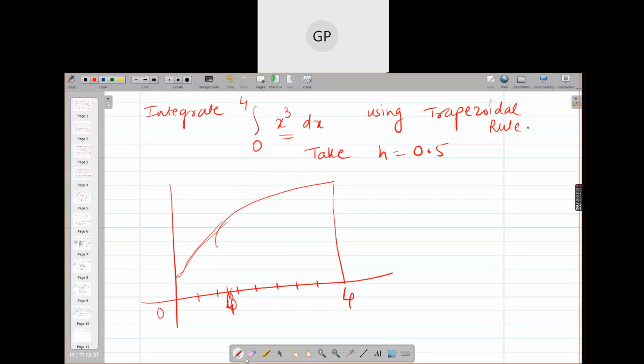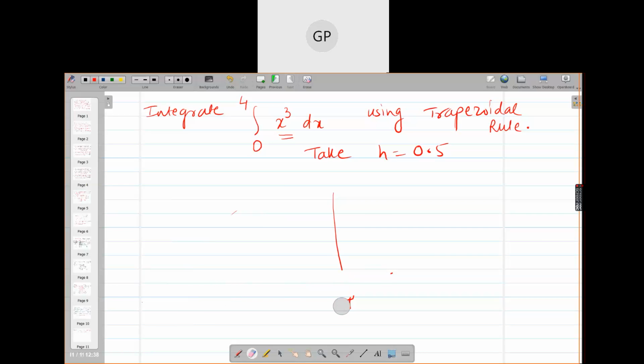Accordingly, we will find how many x and y values there will be, and then we will use them in the formula. Do you understand it, girls? We are finding the area under the curve y equal to x cube.